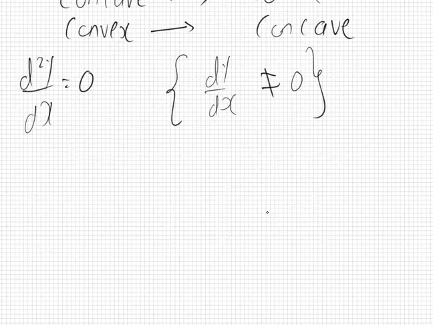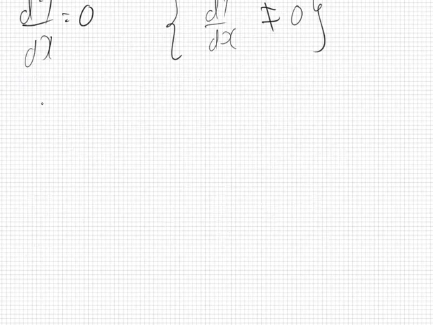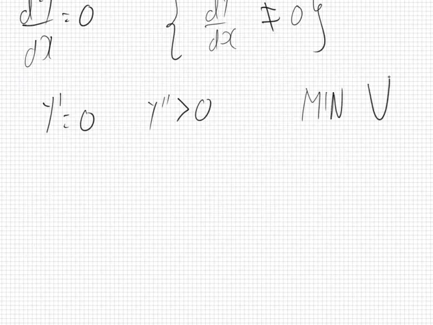So maybe I can summarize our results as follows. If the first derivative is 0 and the second derivative is positive, is that a max or min? Is it concave or convex? What shape is it? Convex. It is convex, so it is a minimum point. It goes like this.